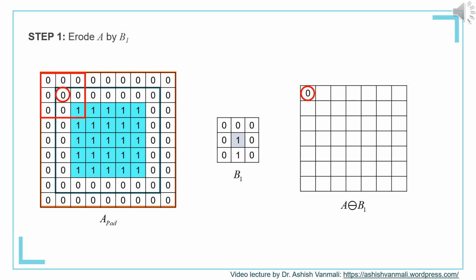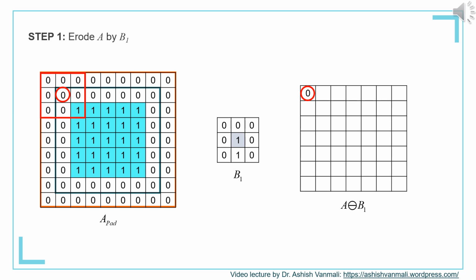For the erode operation, we want that the structuring element should be totally contained inside the image. For that, what we are going to do is we are going to keep the structuring element B1 at different locations in A pad. We are always going to ensure that the center of the structuring element is inside the original image. That means in this particular case, the center should be inside that blue boundary.